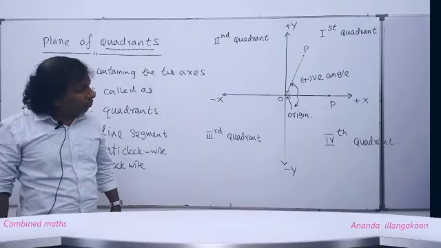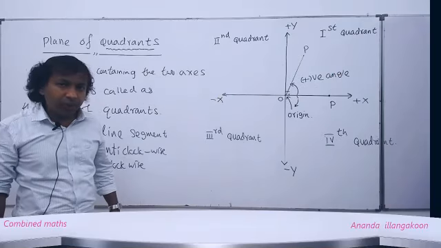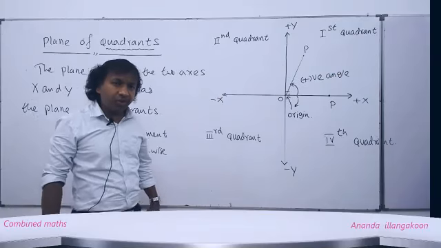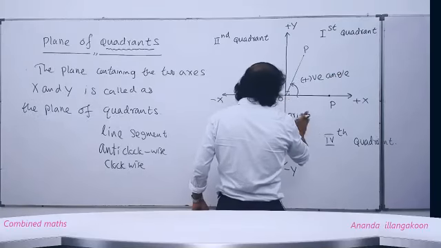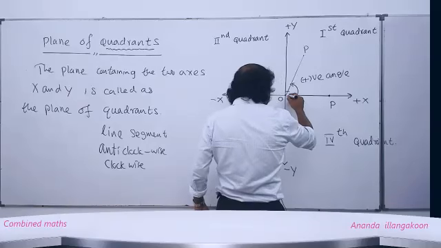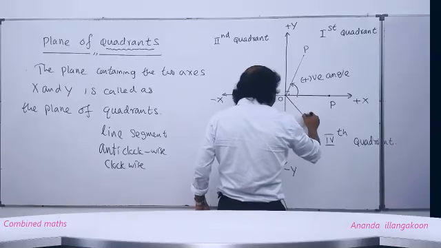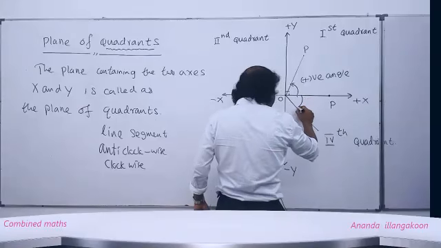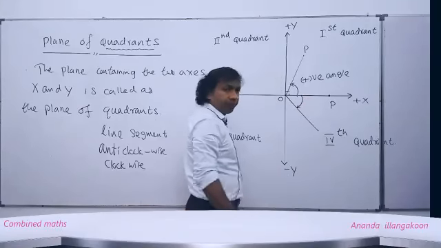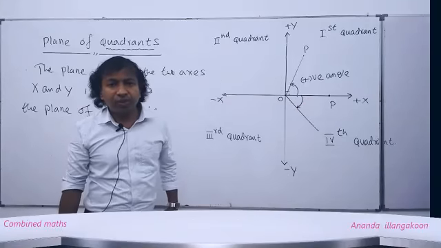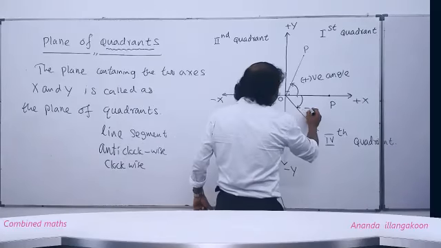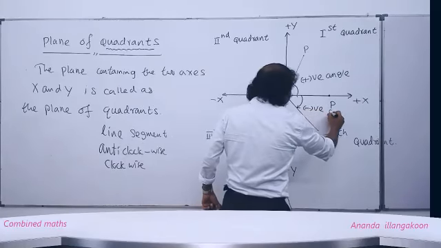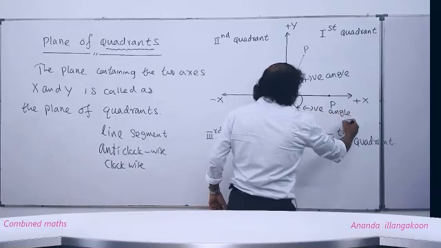Now, from the initial position of OP, suppose it rotates in the clockwise sense, this way, to a position like this. Then the angle opening between the positive x-axis and OP is defined as a negative angle.